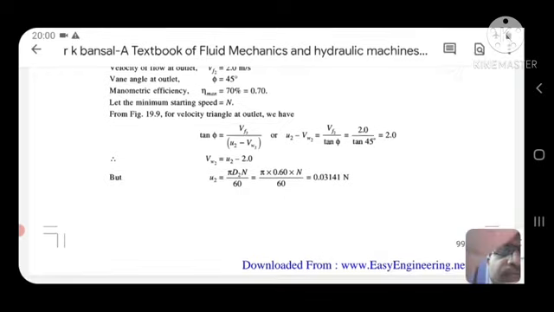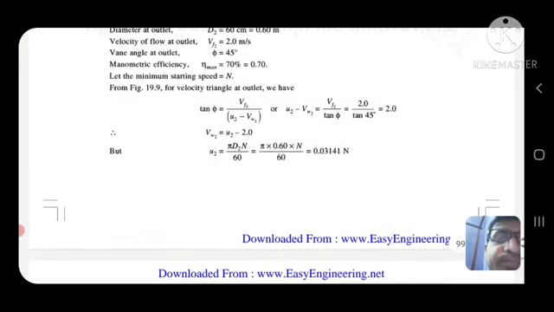So from the velocity diagram, tan phi equals Vf2 by (u2 minus Vw2). So u2 minus Vw2 equals Vf2 by tan phi, that is 2 by tan 45 degrees, which is 2.